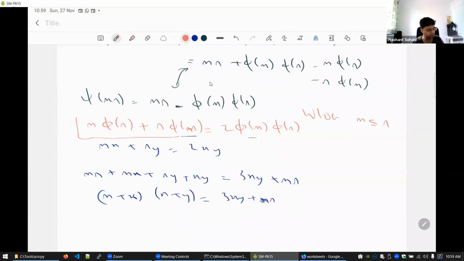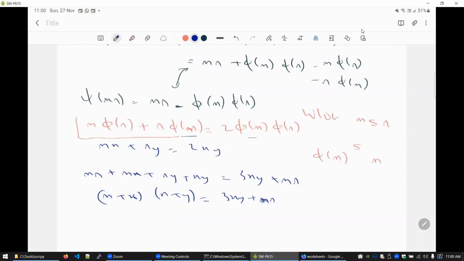What can you say about phi of m and m magnitude wise? Obviously phi of m has to be smaller than, in fact, strictly smaller than m. Not strictly, because it can be 1, but okay, let's at least say less than or equal to m, correct?